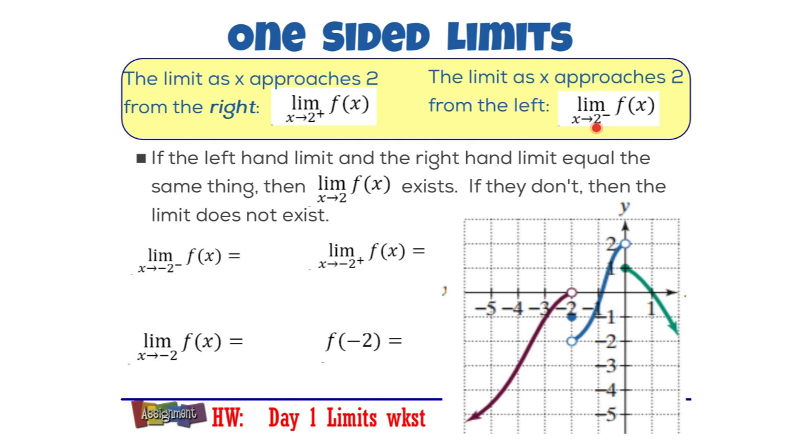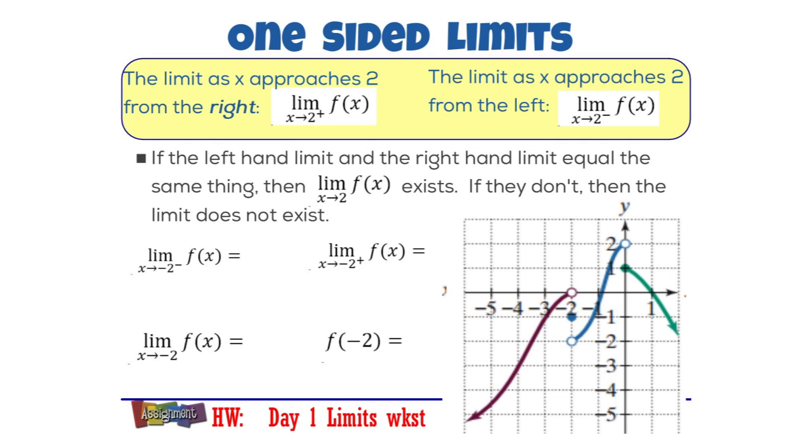It's still a 2, but you're approaching from the left. And if you're only looking at one-sided limits, it doesn't really matter that they're maybe not approaching the same thing from both sides. You're only looking at the one side. I'm just skimming this. Yep, that's what I just said.